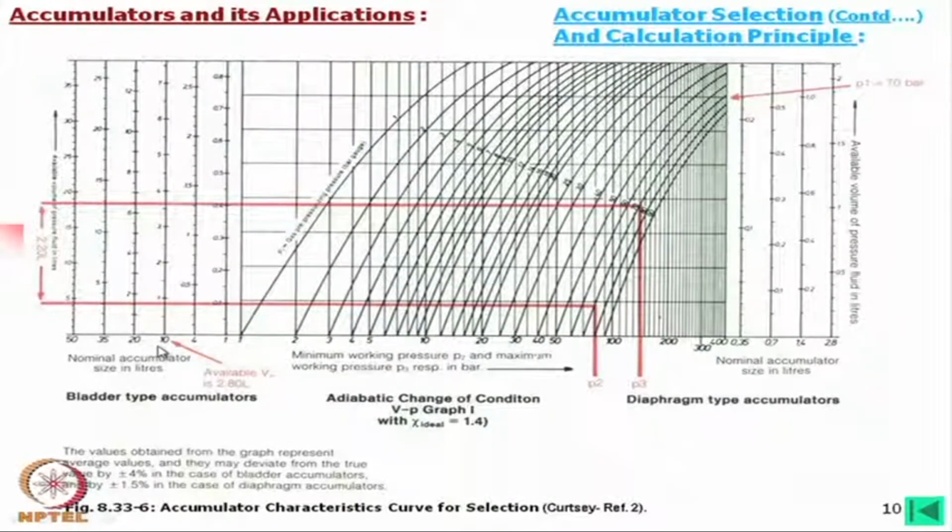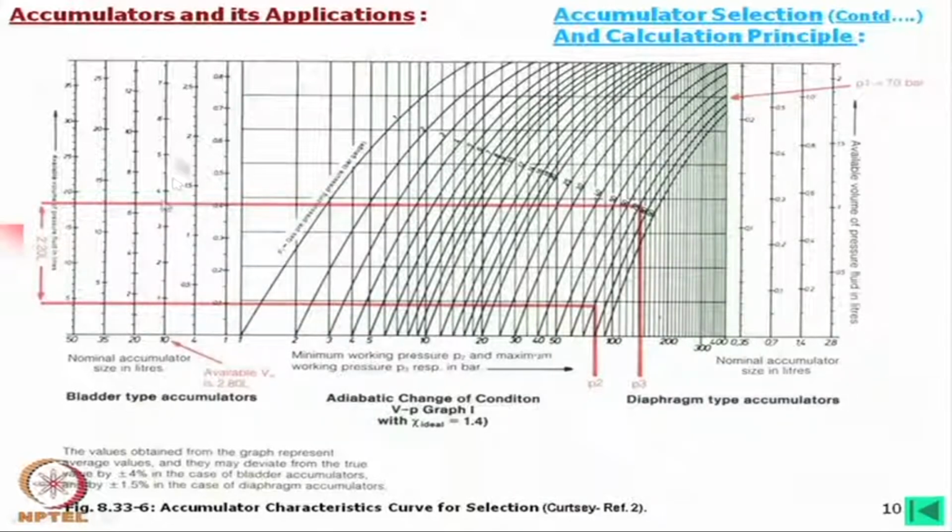That means, if we measure the vessel volume, it is a 10 liter capacity, but the actual available is 2.20. We are working within this range.